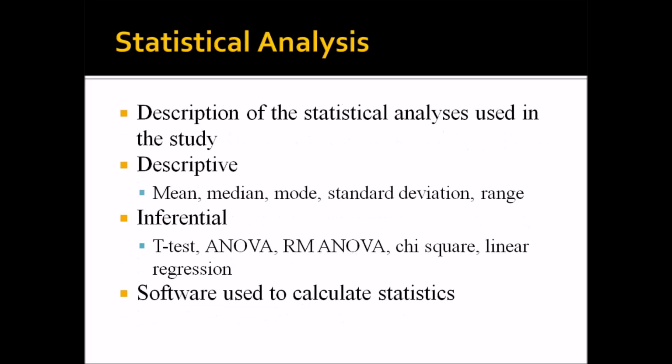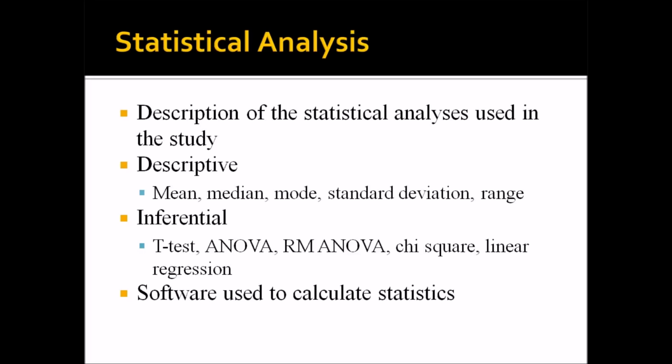Then we have the Statistical Analysis section. And in this section you have a description of the statistical analyses used in the study. Now it's important to note here that some authors do not have this section, and they include the items that I'm going to discuss here in the beginning portion of the results section.